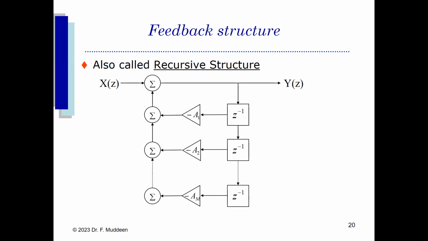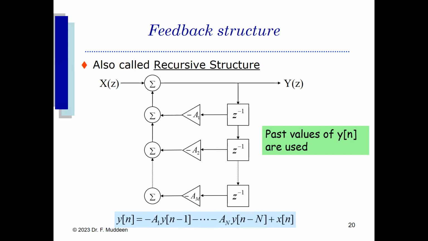Transfer functions that have feedback are also called recursive transfer functions. So they're using past output values. So in this case, because past output values of y are used, you tend to get results that create infinite impulse responses.